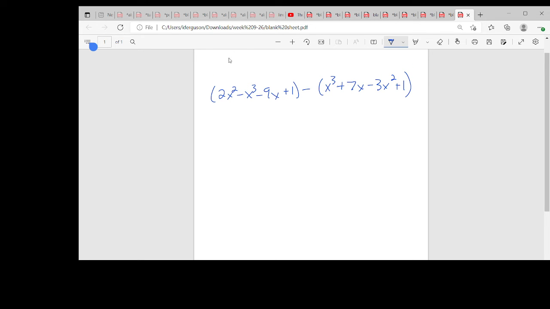This problem, we want to simplify and write in standard form. You guys know what standard form is? Well, I mean, it basically breaks down to whatever the highest exponent for your variable is, that's to be your first term. And you go down by 1 until you get to the number.